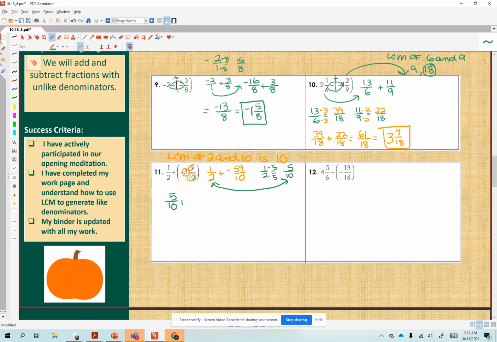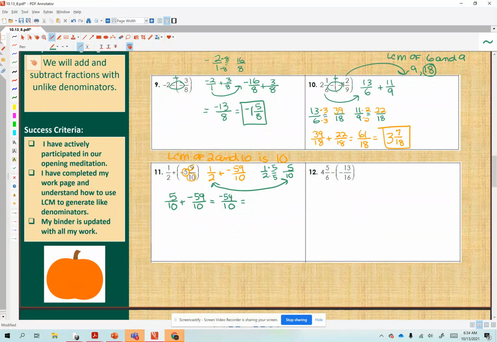So 5/10 plus -59/10. Remember your integers here. So 5 minus 59 is -54. And let's convert that to a mixed number.